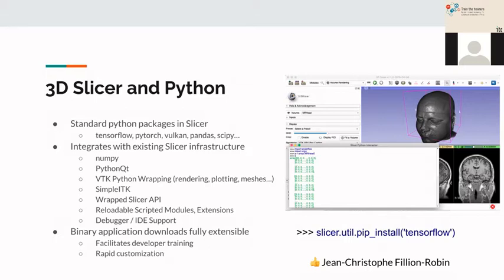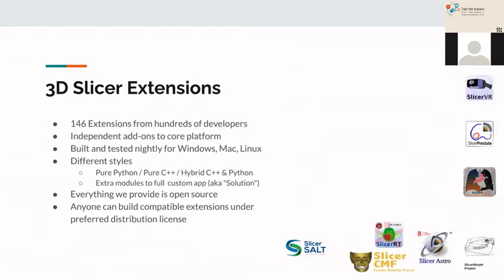So rapid customization, experimentation, debugging, that's really for the purposes of probably 80% of what people do in the Slicer environment. You can do it in Python, and you probably should, unless there's some specific barrier. We might talk about some of the reasons why you would use C++ instead of Python, or even other custom languages. But primarily, at least today, we're going to focus on Python.